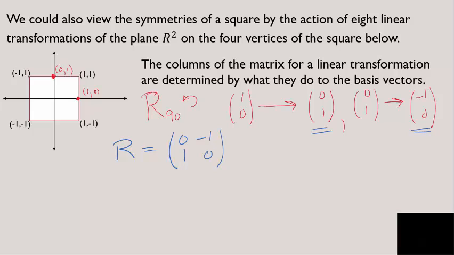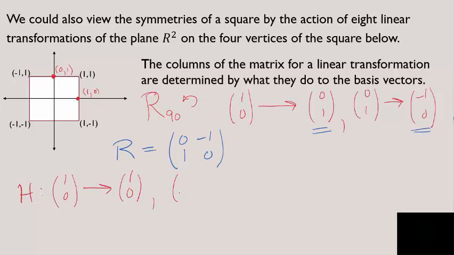Now let's find the matrix for the linear transformation that gives us the flip over the x-axis, over the horizontal. Let's call it H. What is it going to do to the basis vectors? If you flip over the horizontal, the vector 1, 0 stays right where it is.